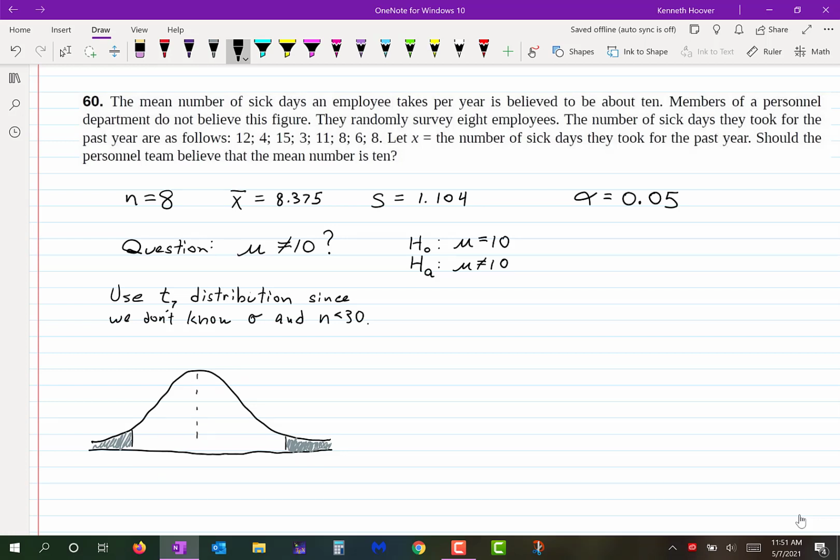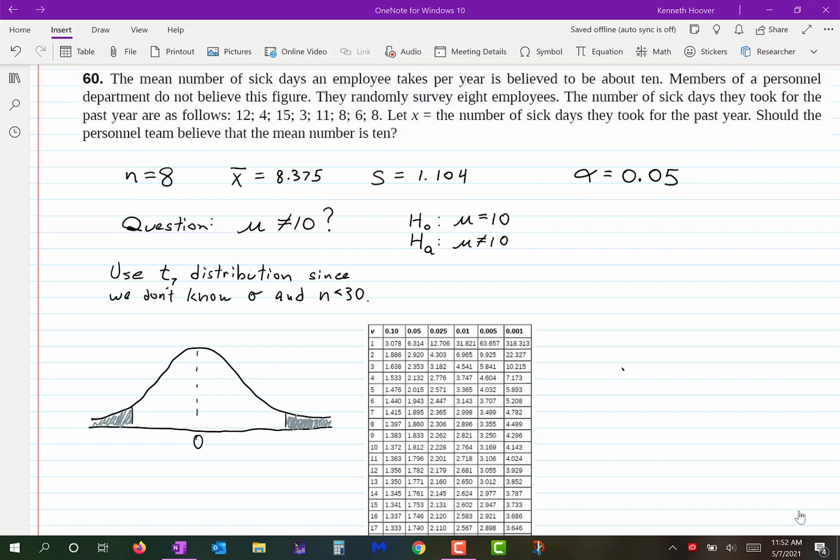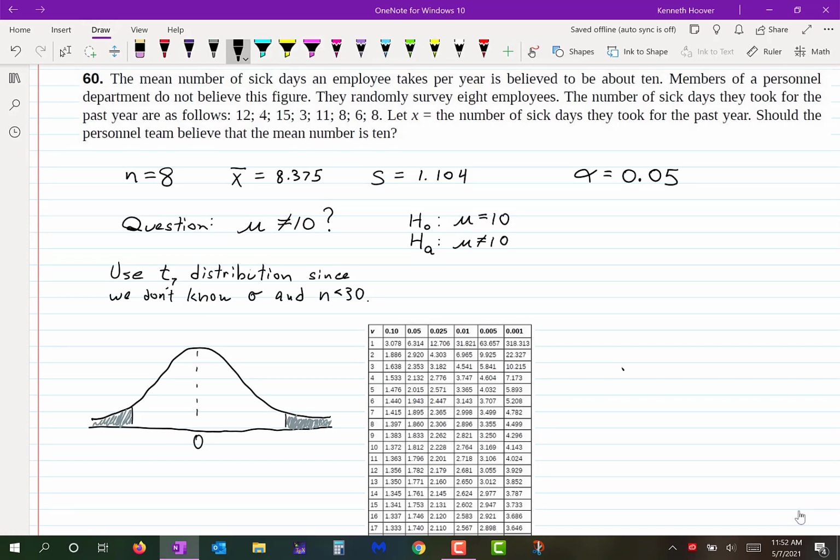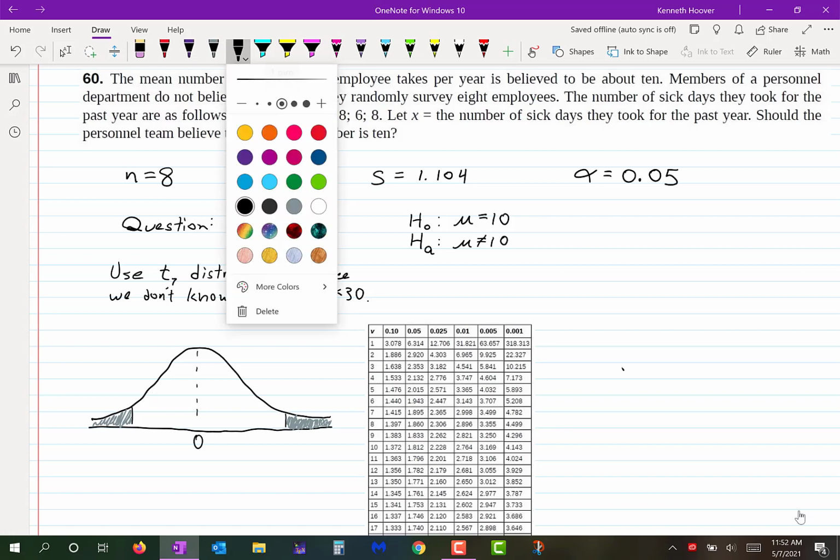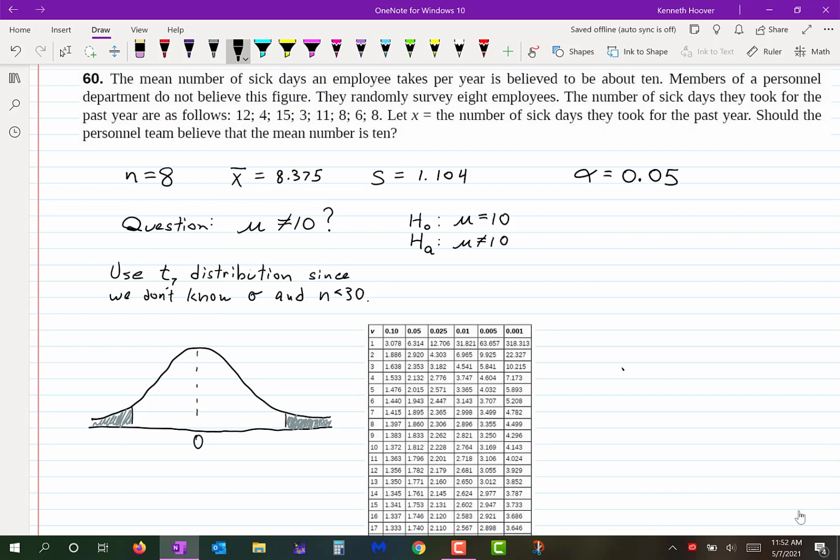Okay. All right, so since we have to do the t distribution, I better put the picture up for that. Okay, there's our t table. Before we look something up, let me put the areas in my picture.